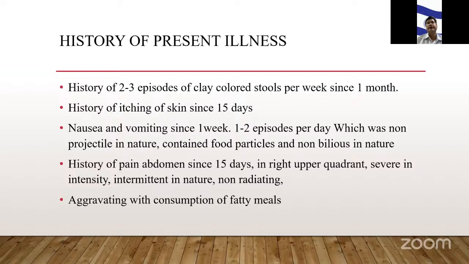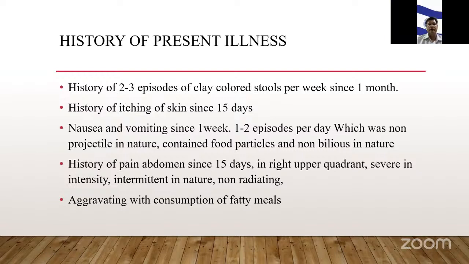Right upper quadrant pain, usually we can think of biliary pain, also acute cholecystitis, or even duodenal ulcers. It can be hepatic abscess, or even sometimes acute MI, and also rarely even GERD, that is gastroesophageal reflux disease, and hepatitis pain also can be seen.